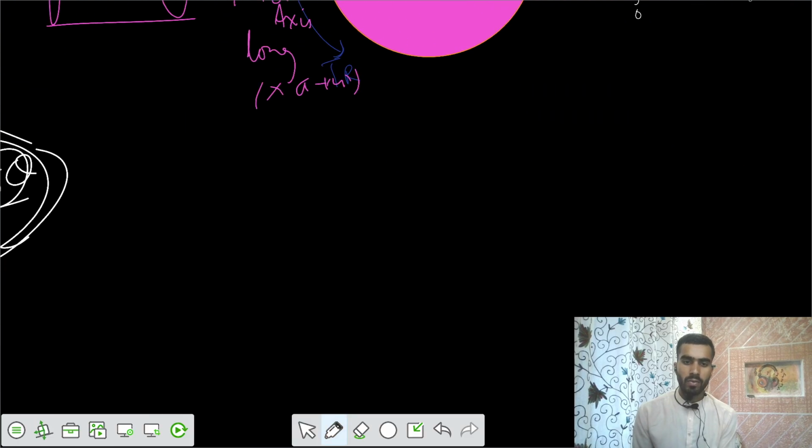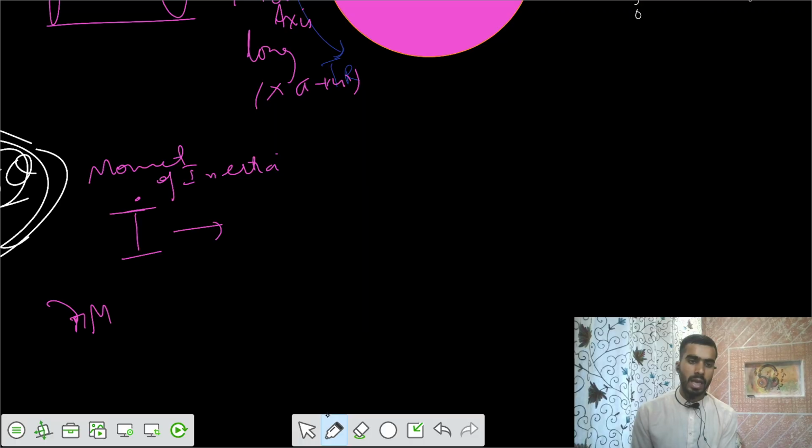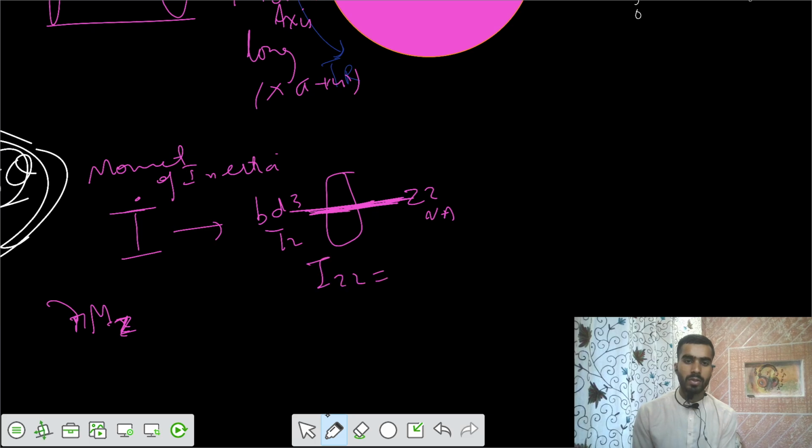What do you mean by moment of inertia? Where does it help? Say you are applying some moment M_z. You say the value of I is b d cubed by 12, actually about the zz axis, that neutral axis. We said Izz equals b d cubed by 12.